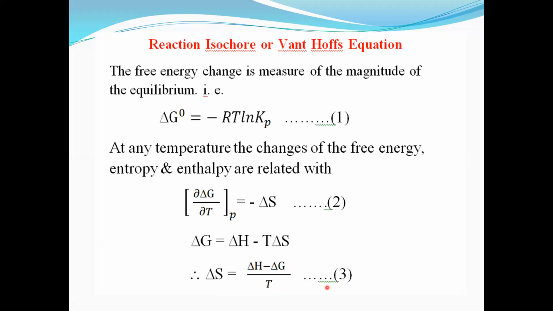Now from 2 and 3, see, this is equation 2 and here equation 3. In equation 3, we have the value of delta S. Now put this value of delta S into equation 2, that is, putting the value of delta S from equation 3 in equation 2.